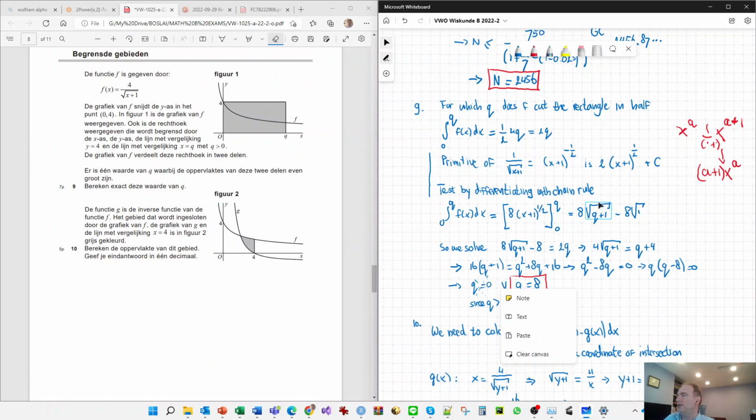So you get 8 times the square root of q plus 1 minus 8 times the square root of 1. And now we solve this to be equal to 2q. And here you have a term with a square root, q with a square root, and here this is the linear q.